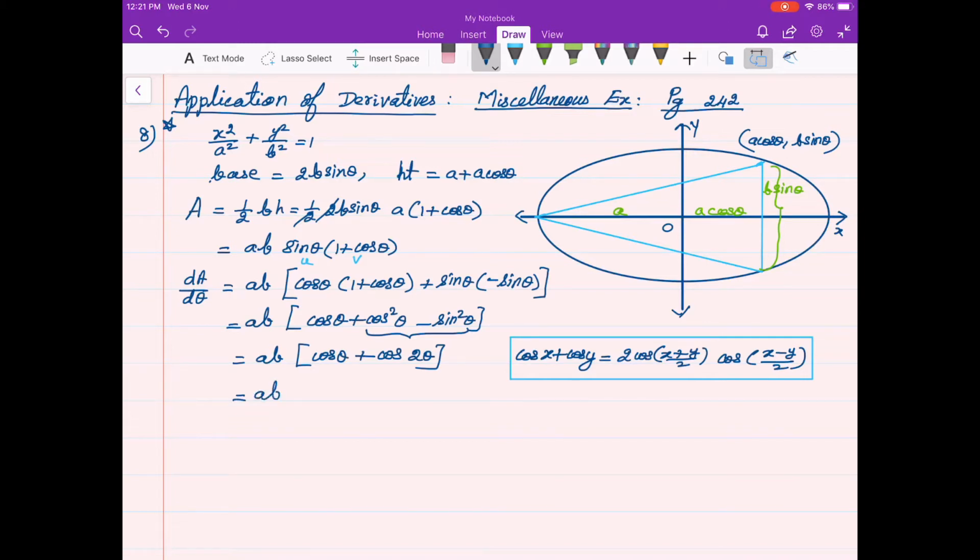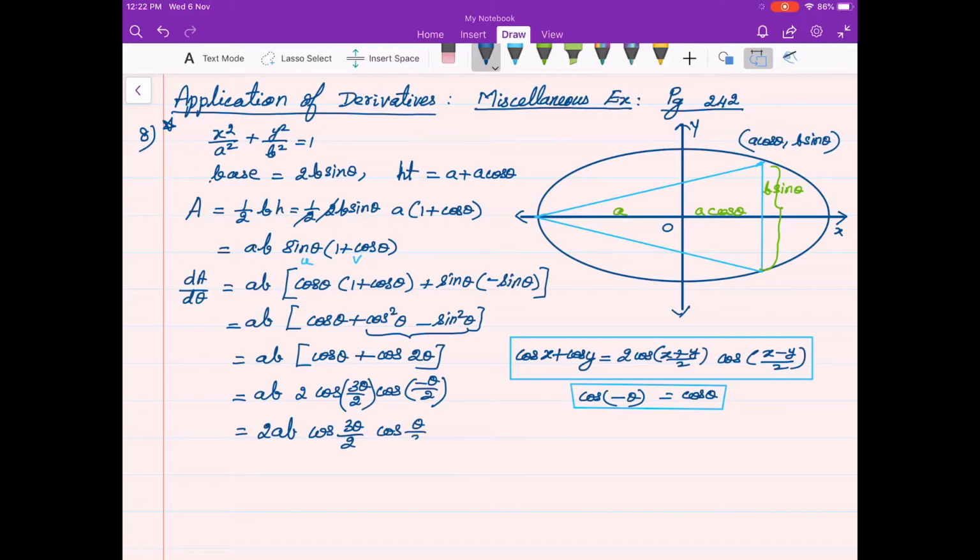This is equal to ab times 2 into cos of (theta plus 2 theta) by 2, which is 3 theta by 2, and cos of (theta minus 2 theta) by 2, which is minus theta by 2, and we know that cos of minus theta is cos theta. Therefore, we get 2ab cos 3 theta by 2 and cos of theta by 2.